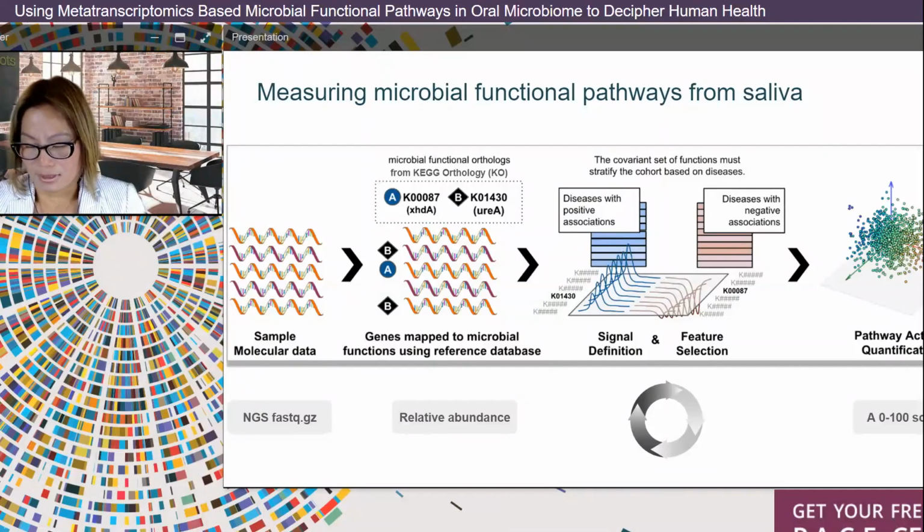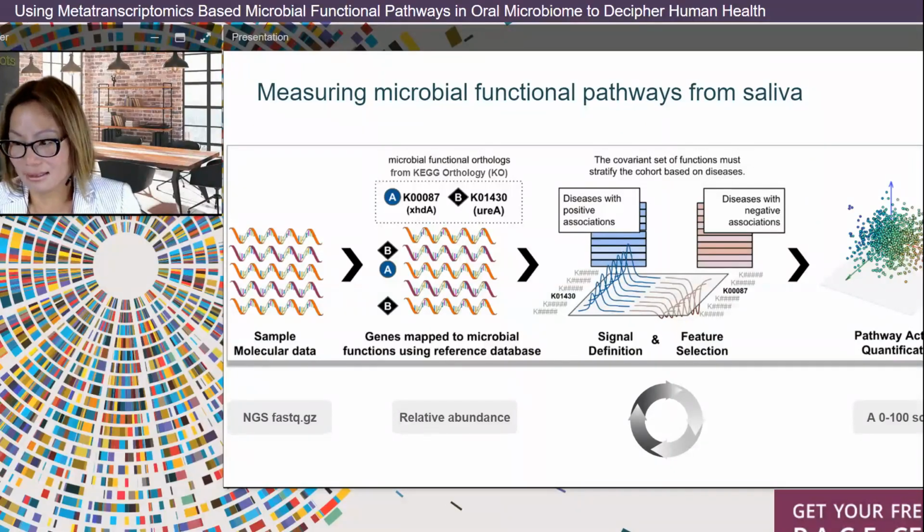And the third panel shows a highly iterative and a very involved process to select this subset of KOs that collectively change, either upregulated or downregulated in the context of disease of interest. So at the end of this iterative process, we will get this winning set of KOs to represent this particular functional pathway.